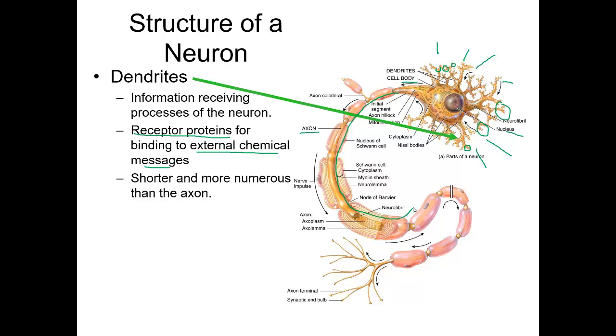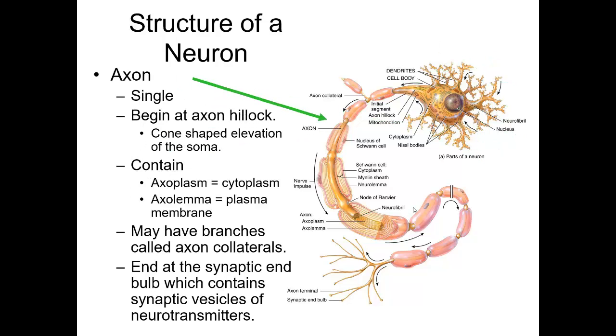Dendrites are numerous and much shorter than an axon. Now, typically, in a generic neuron, there is only one axon. But you have neurons with more than one axon as well, and we're going to talk about those variations in just a little bit.